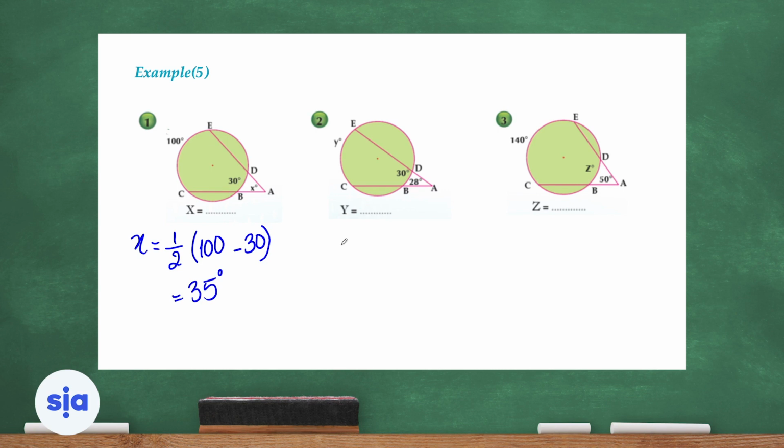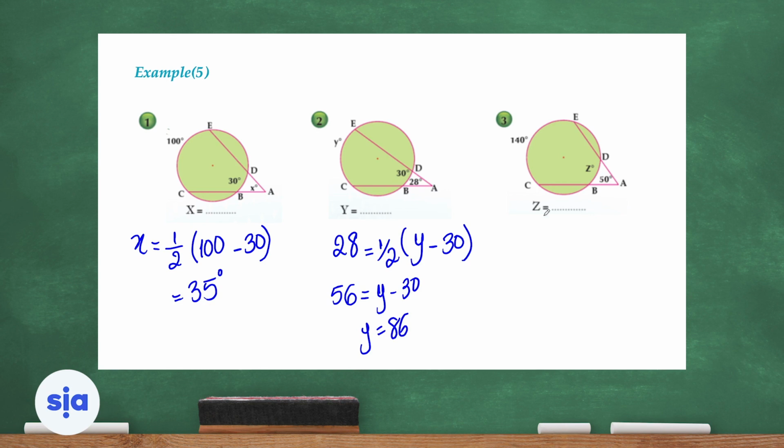For question 2, the 28 equals half arc EC minus arc BD. So 56 equals y minus 30, so y equals 86.